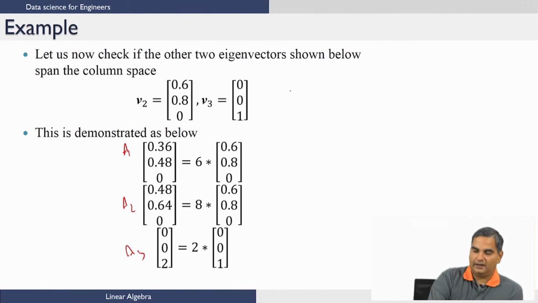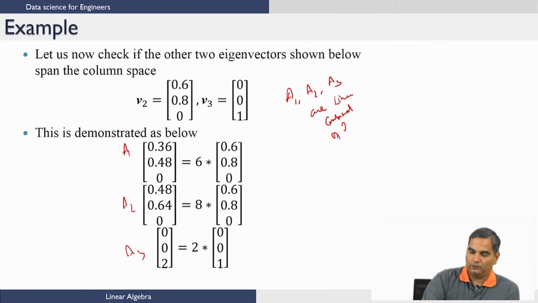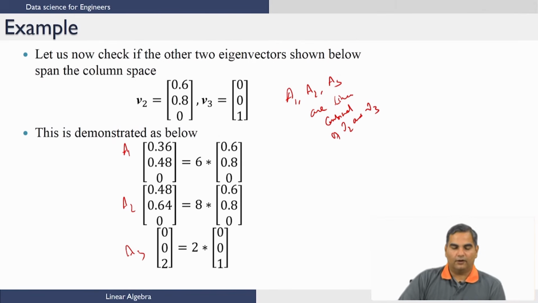So, we can say that A1, A2 and A3 are linear combinations of nu 2 and nu 3. So, nu 2 and nu 3 form a basis for the column space of matrix A.